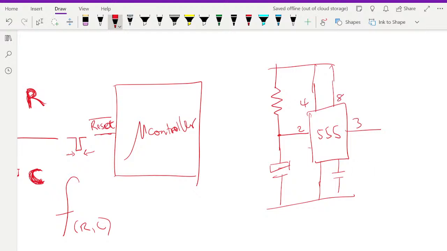And then of course, we have another resistor capacitor here. And then this will be 6 and 7. And then this will be 1 and 5. So you can do this.